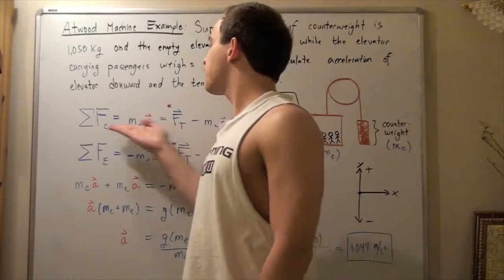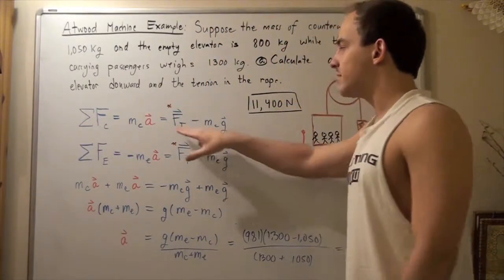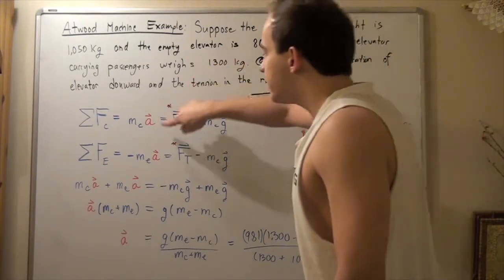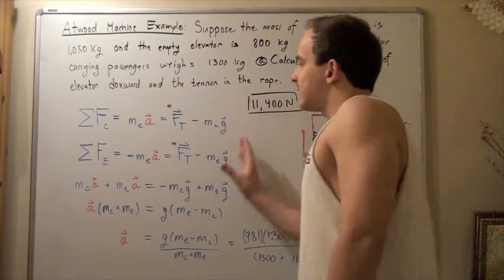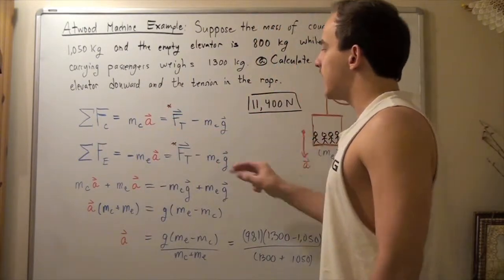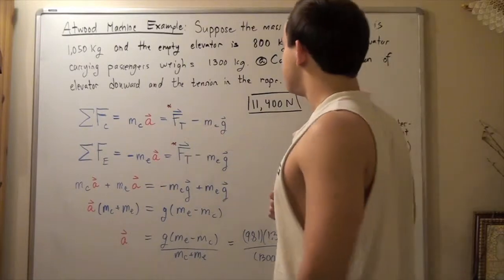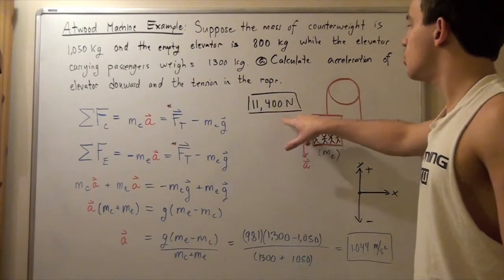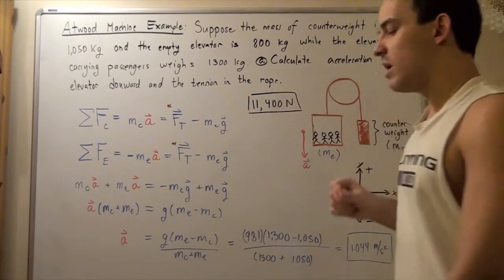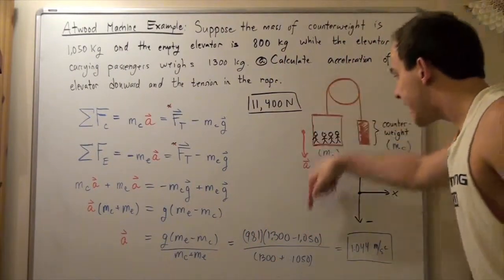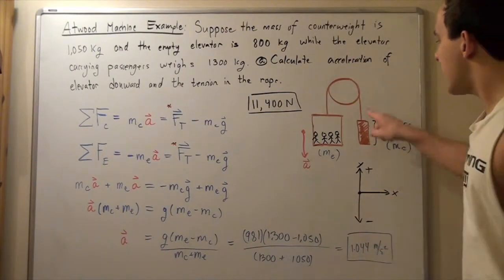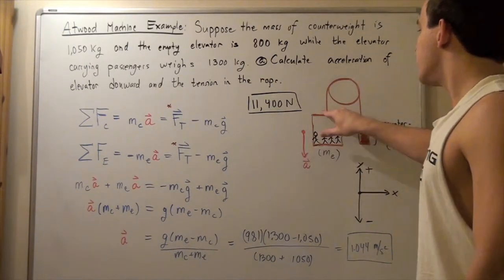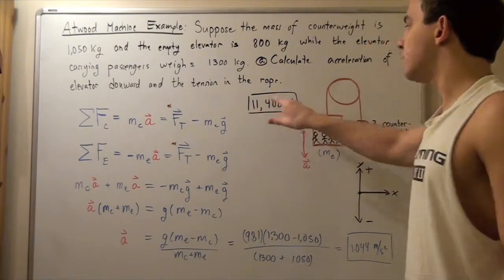So let's choose our first equation to solve for the tension in the rope, F subscript T. Let's take this 1.044, plug it into this a, bring this to this side, add this to this, and we will get the tension in the rope, which is approximately 11,400 newtons. So the acceleration of the elevator going downward is 1.044, and the counterweight is accelerating upward at the same rate with the same magnitude. Now the force on either side of the rope is 11,400 newtons.